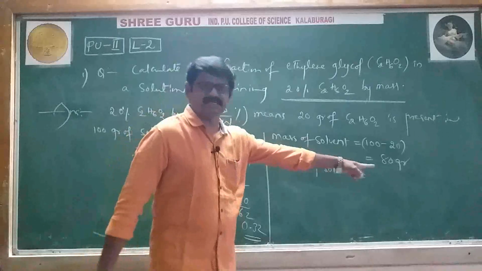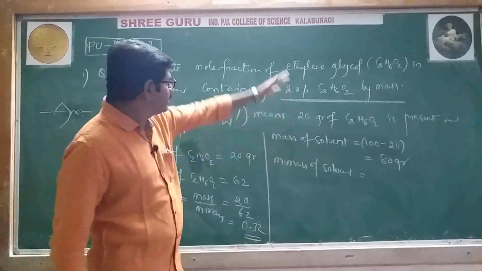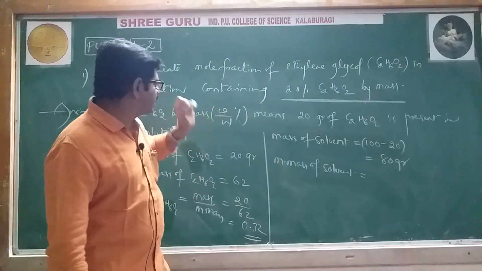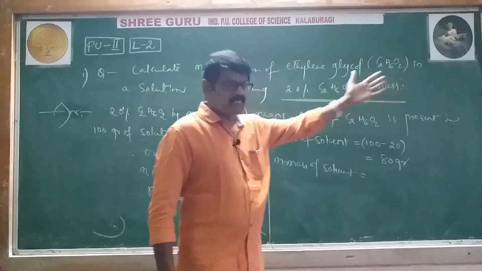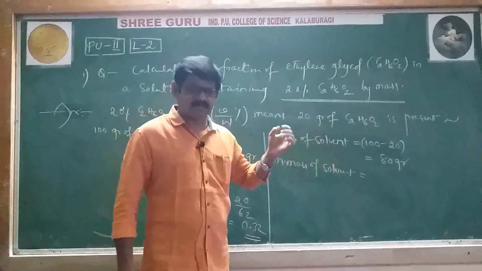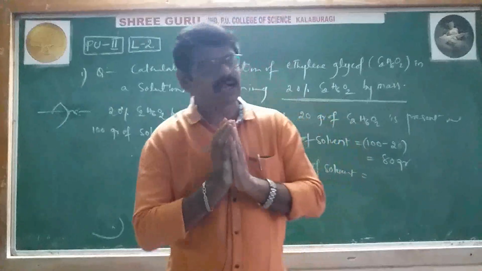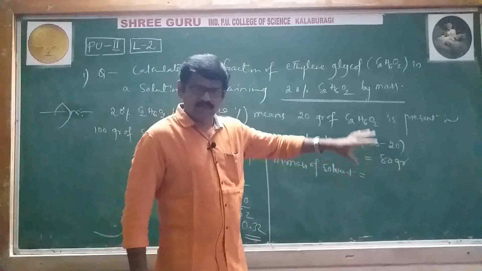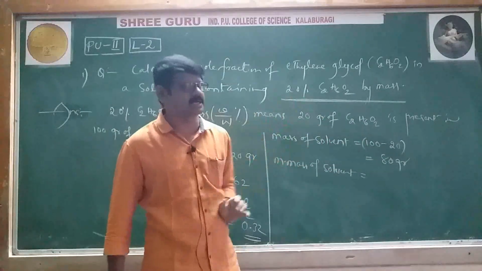Then the molar mass of solvent, how much is it? Here the molar mass is not given in the question, and the question only says 20% ethylene glycol solution. Then what is the solvent? The solvent information has not been given in the question. In that case, what we have to do is assume that the solvent is water.